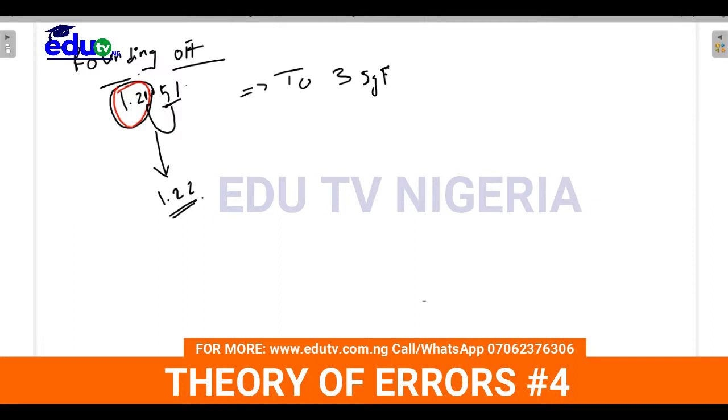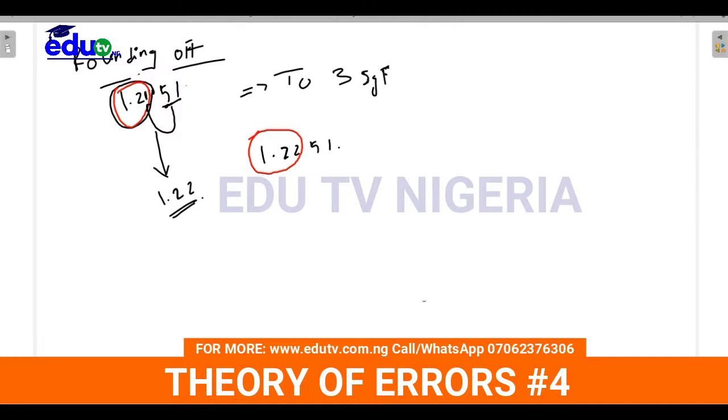But if we have a scenario whereby we have something like 1.2251, this is the part to be retained. The rightmost digit to be retained is 2, and this one is to be dropped.